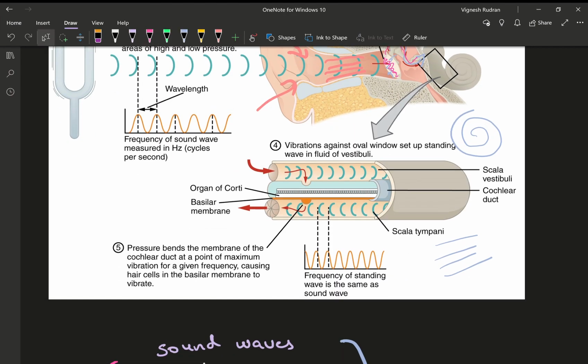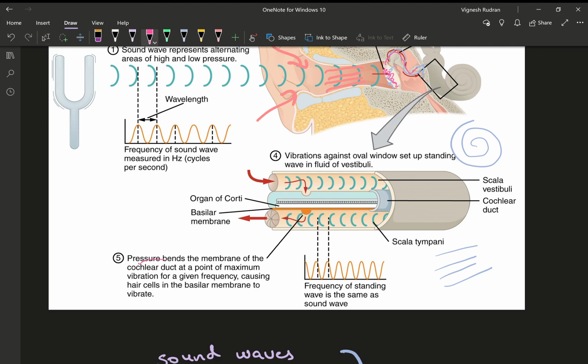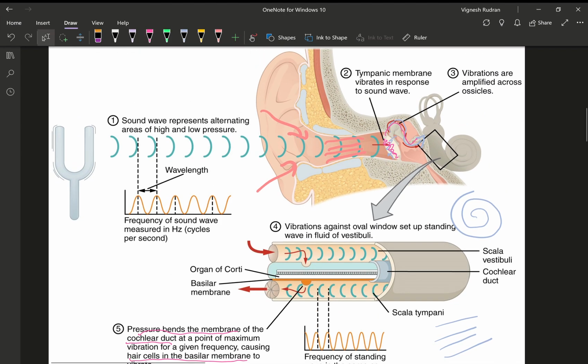So the inner ear consists of three tubes where the sound waves are going to pass, and when the sound waves are passing, this pressure bends the membrane of the cochlear duct and causes hair cells in the basilar membrane to vibrate. So this is going to cause a nerve impulse. This nerve impulse is taken from the cochlea to the auditory cortex through the cochlear nerve, and it has a pathway that is known as the auditory pathway. We'll be covering that in the following videos.